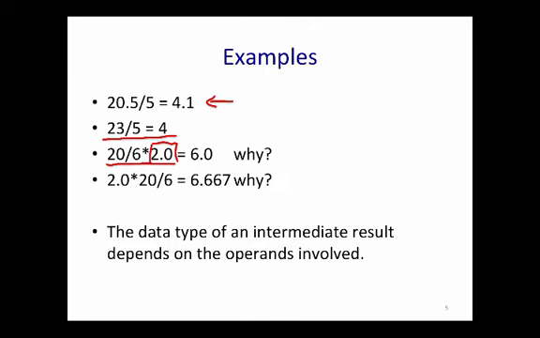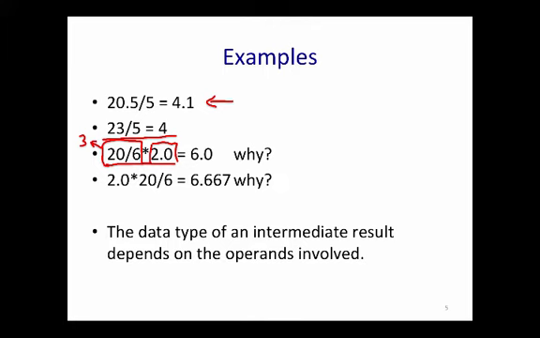So in this case, we're going to evaluate the division operation first, and C++ looks only at the two operands for that division. They're both integers, and so it does integer arithmetic, coming up with the value of 3. Now it multiplies 3 by 2.0 and performs floating point arithmetic because one of the two operands is a floating point number and comes up with 6.0.